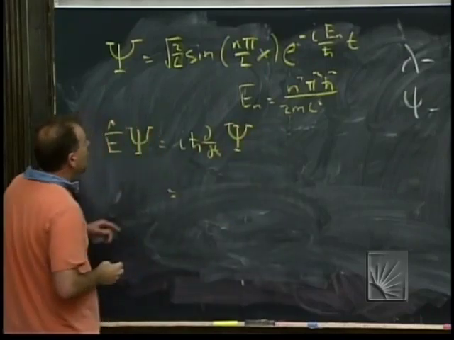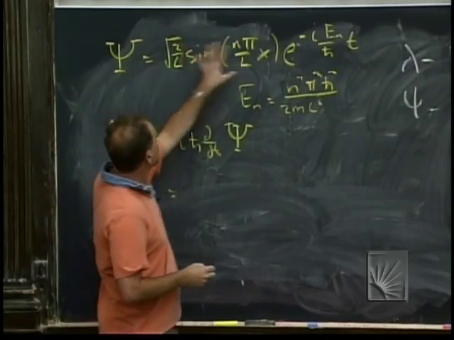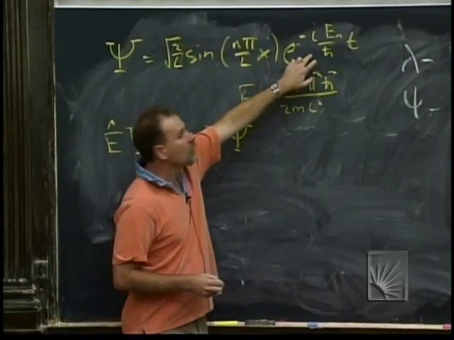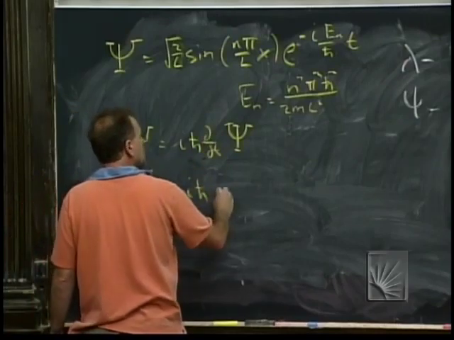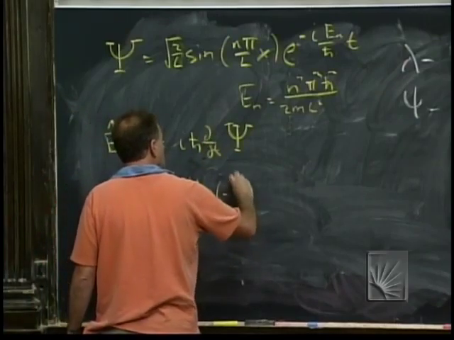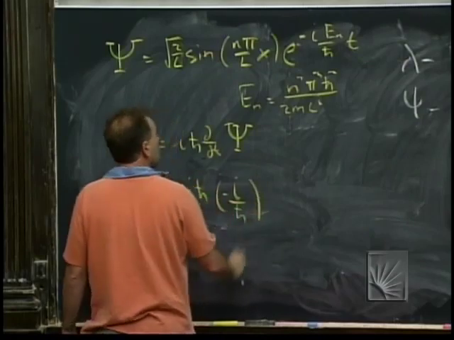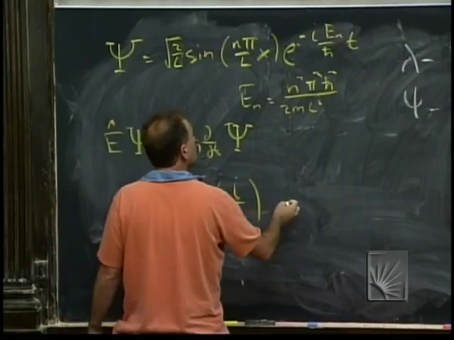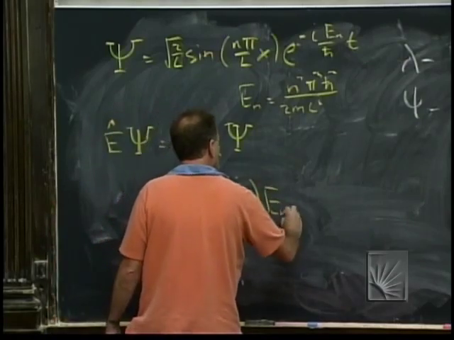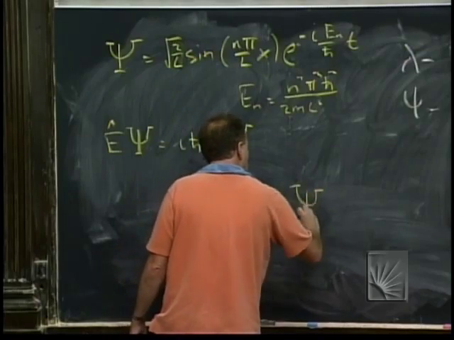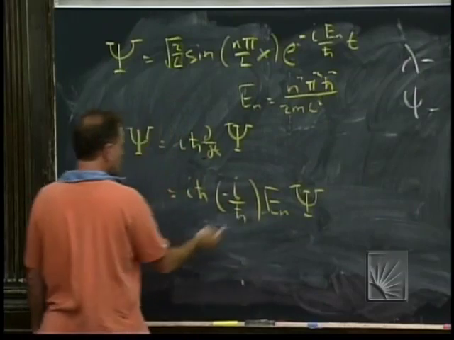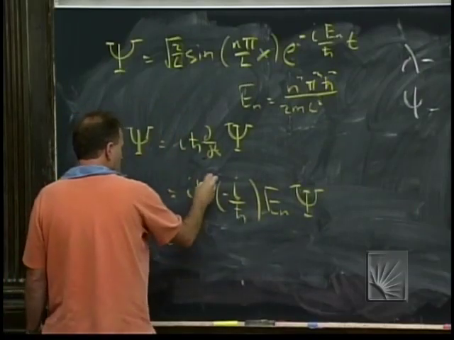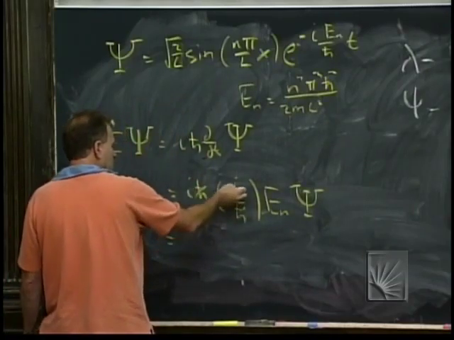Of course, the time derivative totally ignores the space part and just pulls down the coefficient of t, so h bar cancels, and i squared is minus 1 times minus 1.